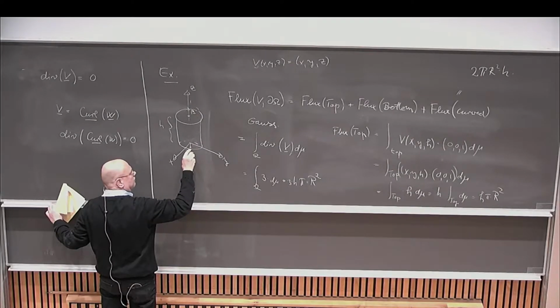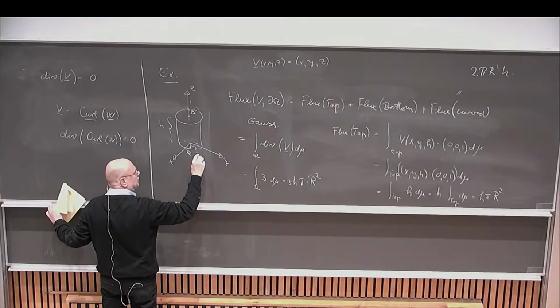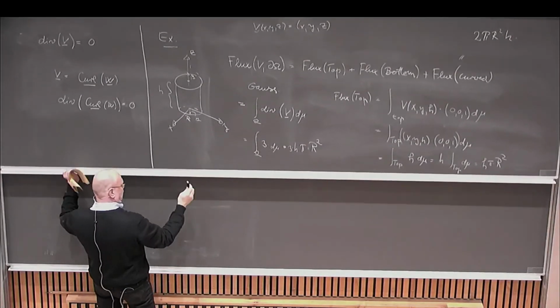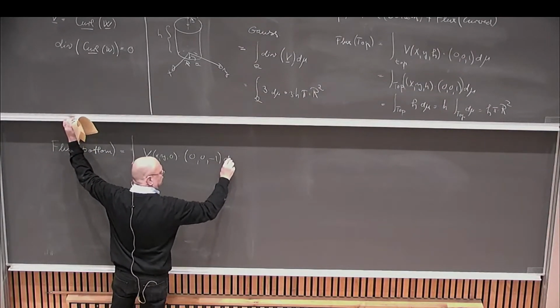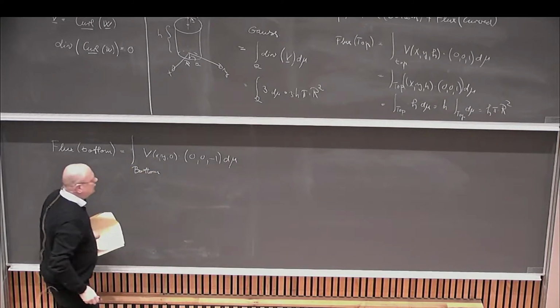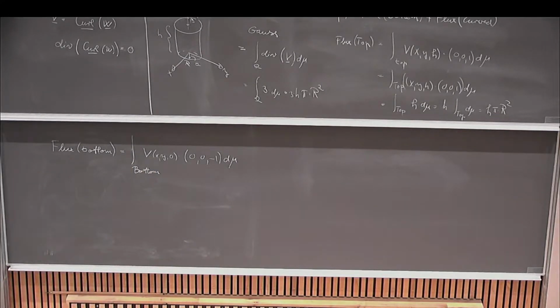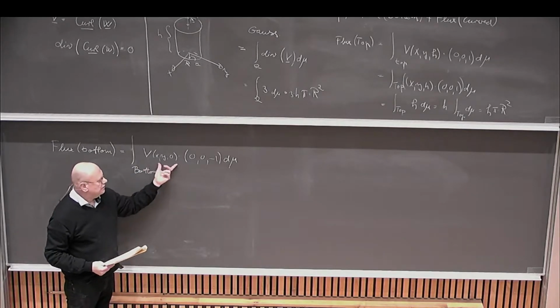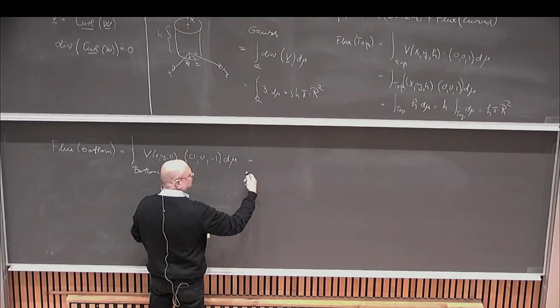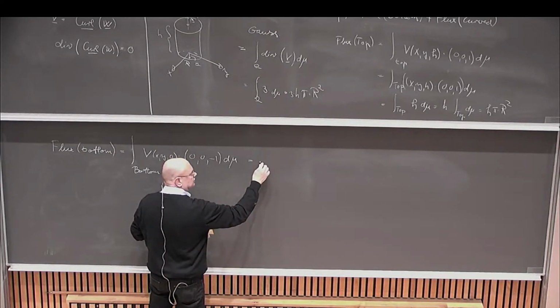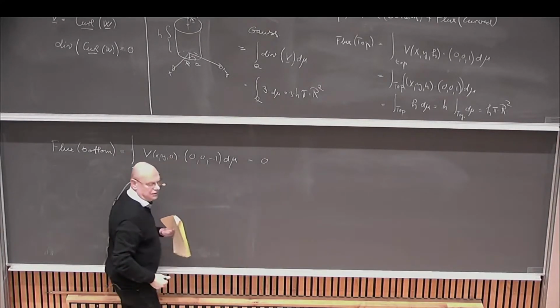Down here you have this normal vector, and this will be 0, 0, minus 1, and then d mu. But you see this dot product here is 0. So you get 0 times the area of the bottom surface, so you get a 0 here.